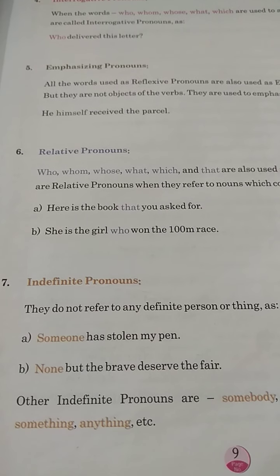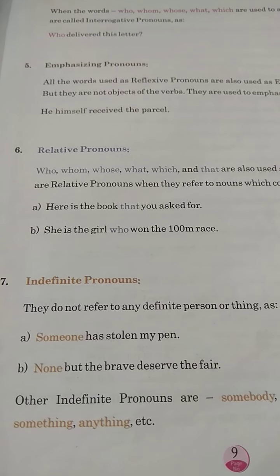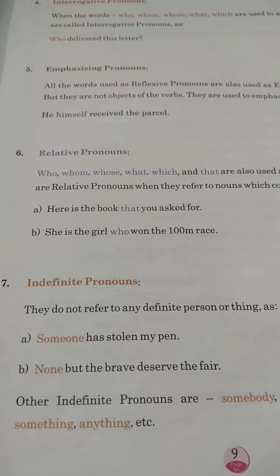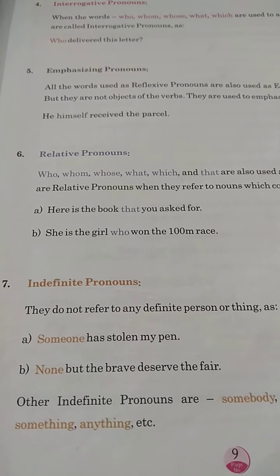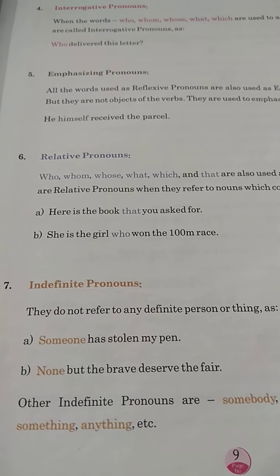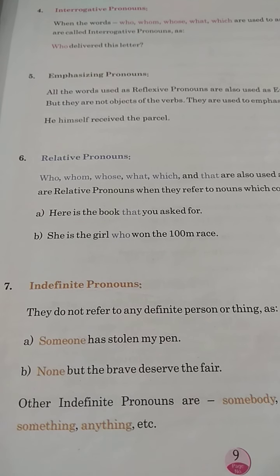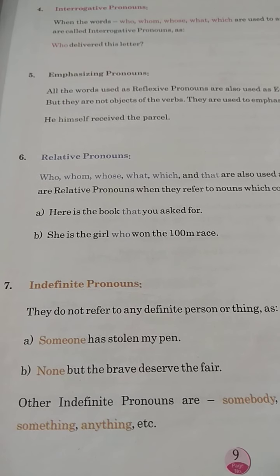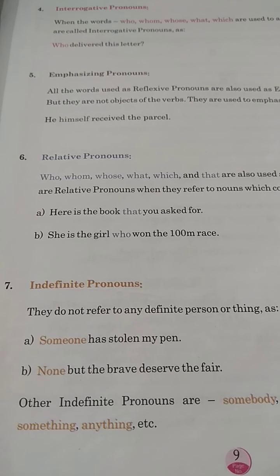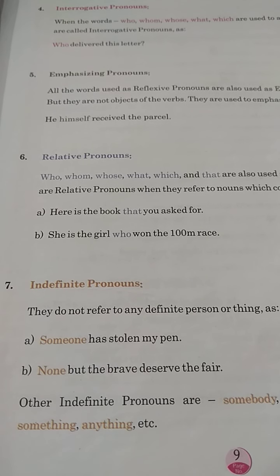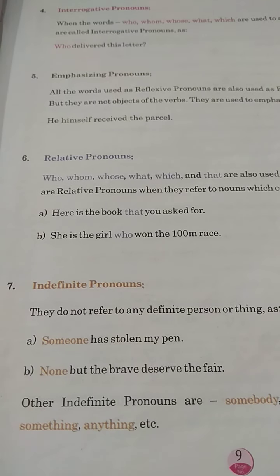Whose is that beautiful cottage? Which is your pencil? What will you do with it? The words who, whom, whose are used to make questions and they relate to persons; which and what are generally used for things. A pronoun that is used to form a question is called an interrogative pronoun.